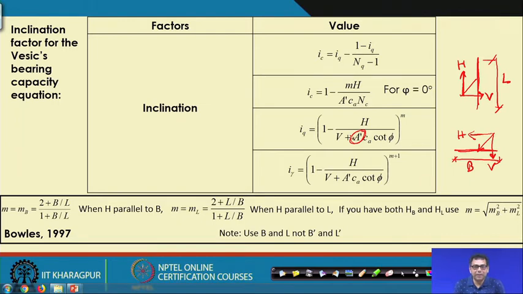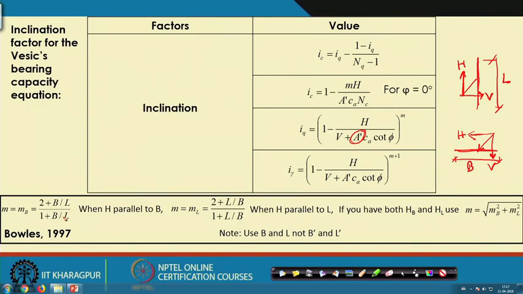I am explaining this portion in detail because it is important to know where you have to use which dimension. In Weissig's all the factors use the actual dimensions B and L, even for the m calculation, but when you use the area for the inclination, you have to use the effective area. That is the recommendation.